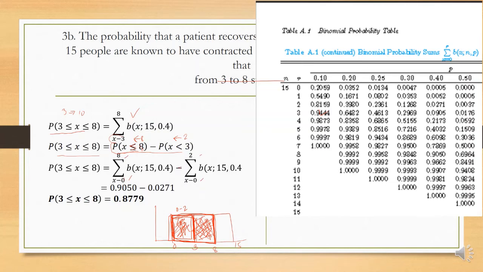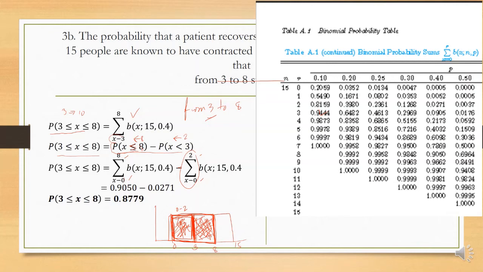Kasi yung 0 to 2 na yon ay yung less than 3. Dahil kailangan natin yung 3, kasi sabi niya from 3 to 8. Kasali yung 3. So, hindi natin pwedeng sabing 0 to 3 dahil ma-i-include yung 0 to 3 natin sa mina-minus natin. Ang kailangan natin na i-minus ay yung 0 to 2 lang.